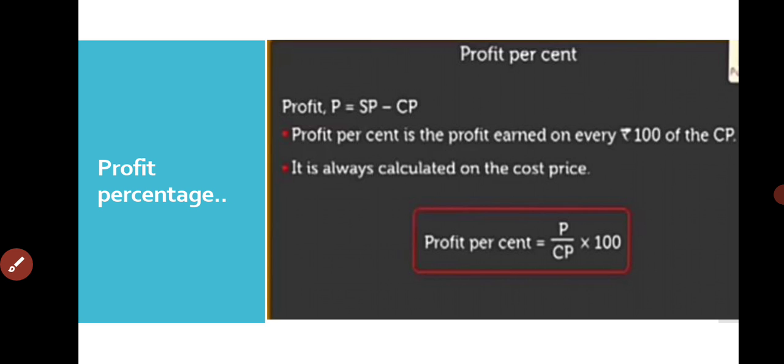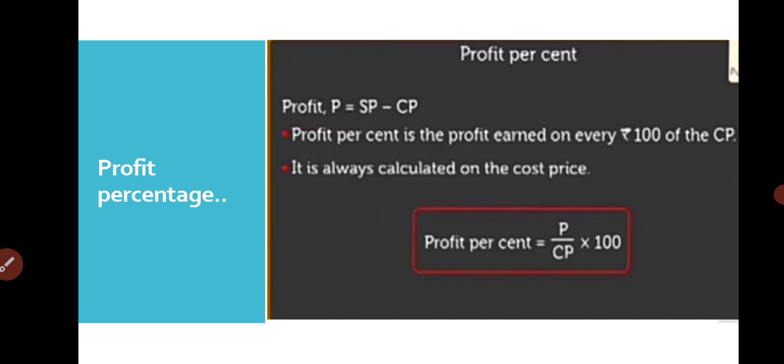Now this is of profit percentage. We already know profit P is equal to SP minus CP. We have subtracted cost price from selling price because in case of profit we have selling price greater than the cost price. Now profit percent is the profit earned on every rupees 100 of the CP.